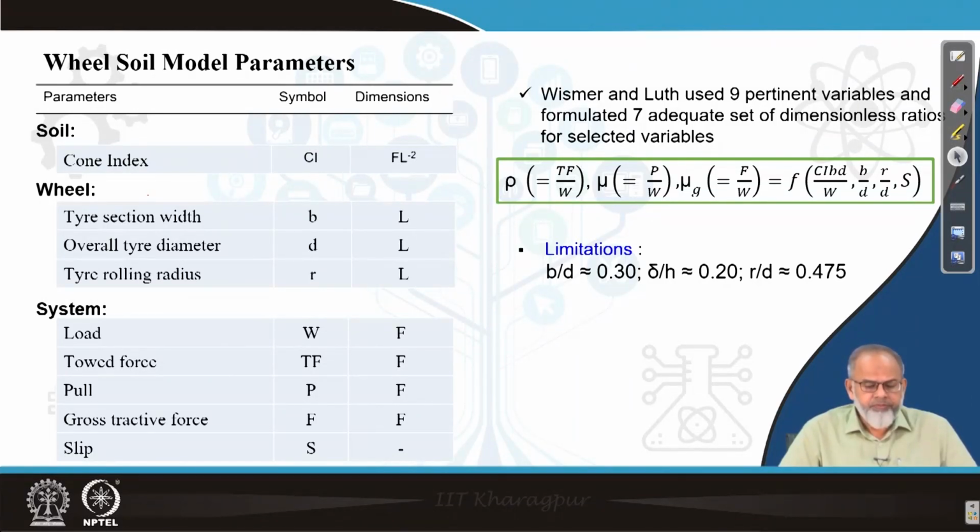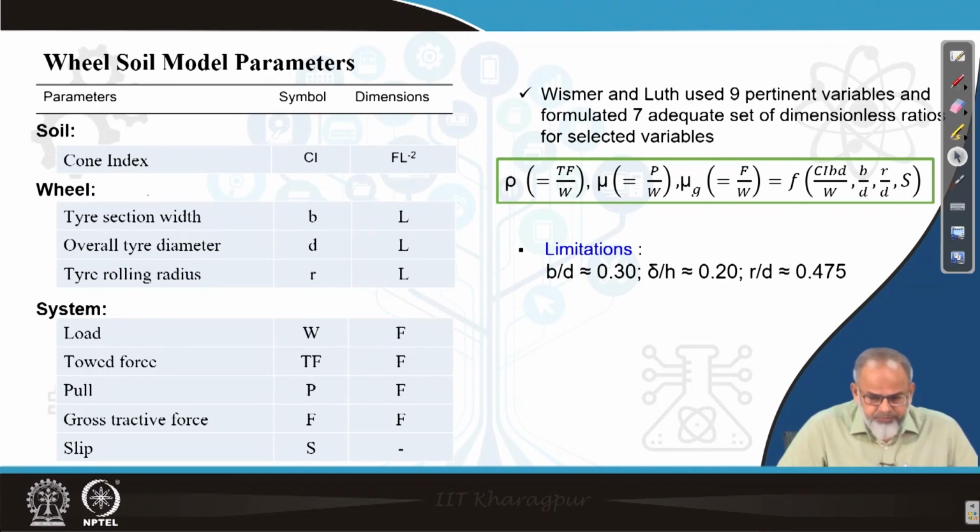to find out the relations, the dimensional ratio variables, to develop that equation. If you apply Buckingham's pi theorem for dimensional analysis, then 9 minus 2 will be 7 dimensionless variables. So what are those 7 dimensionless variables?